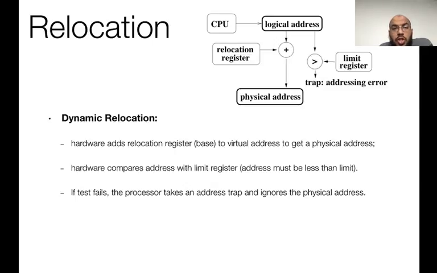You have the base register, the relocation register, that adds the logical address to the base register, and you check if it's greater than the limit register. You raise a trap that there is an addressing error. Otherwise, you access the physical address. So if the test fails, the processor takes an address trap and ignores the physical address.